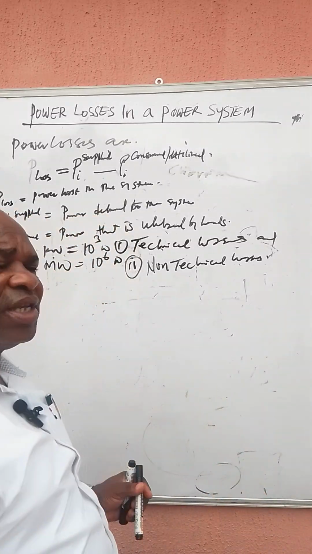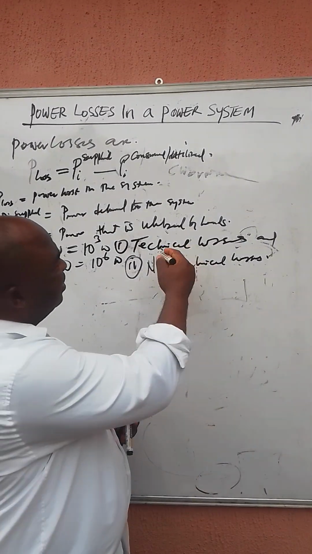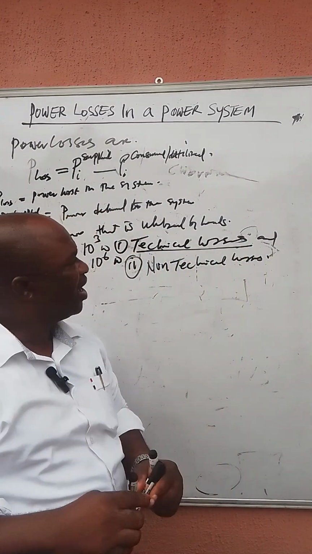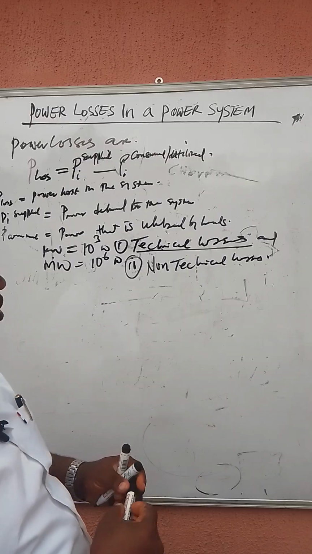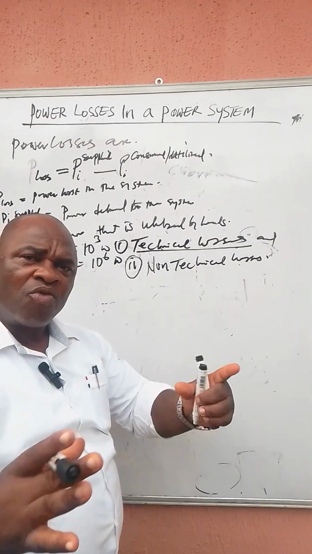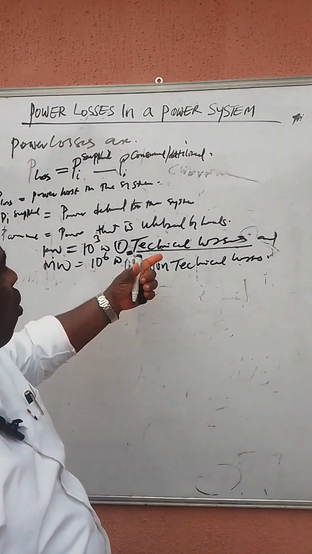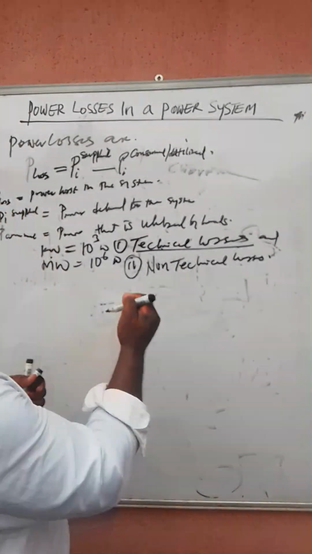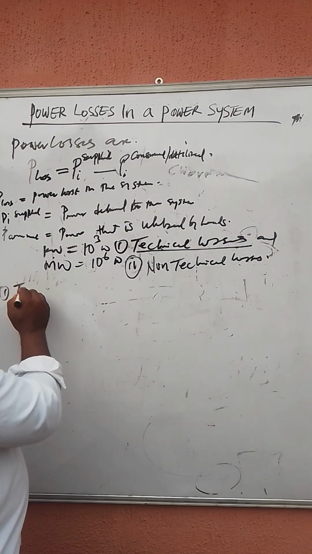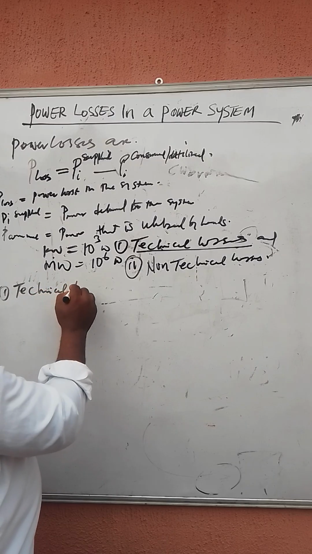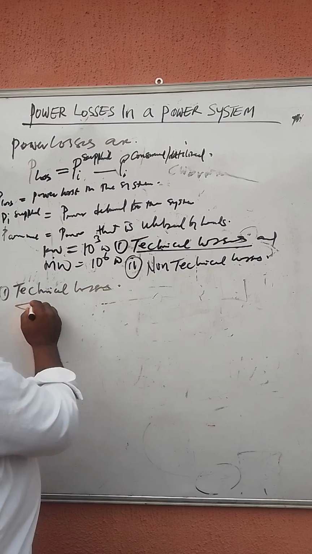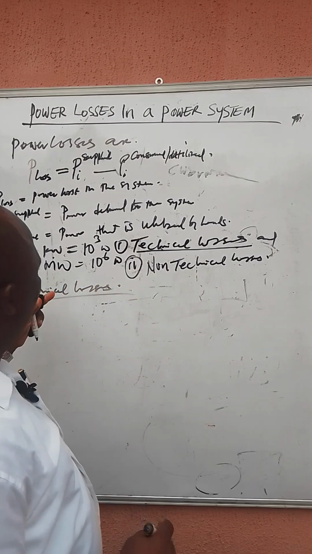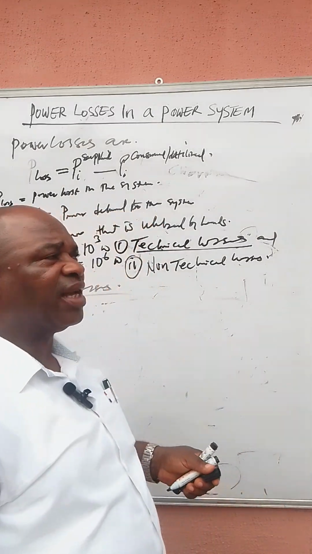We are now going to consider the losses that fall under technical losses, and equally we are going to look at the definition of technical losses and know why we have them. Now, what is a technical loss?